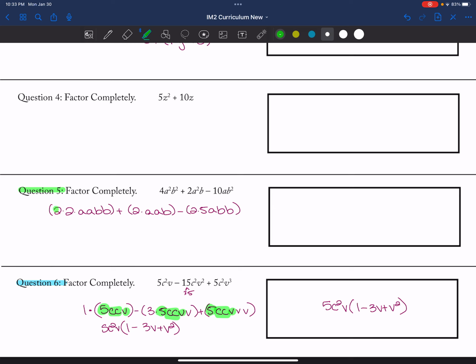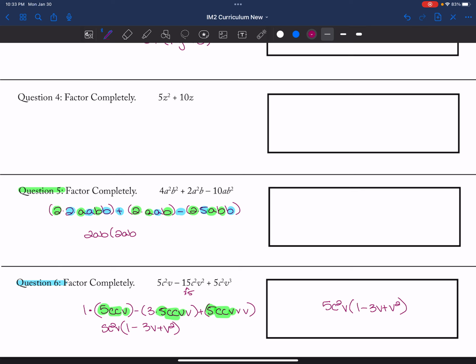Okay, so what do all 3 of them have in common? Let's see. Everybody's got a 2. What else do we got? Everybody's got an a. Everybody's only got one a, though. And then everybody's got one b. Okay, so then everything else is what's left over. So I'm factoring out a 2ab, and I'm left with 2ab.